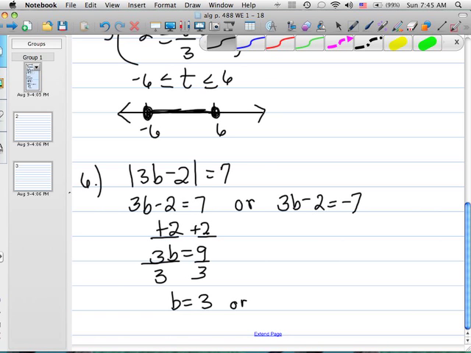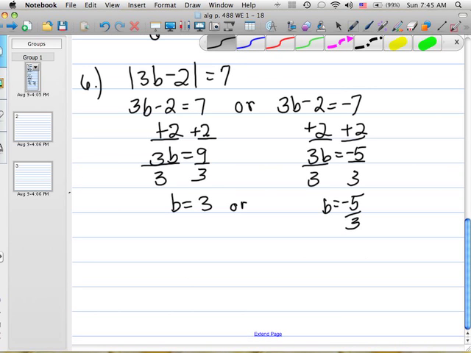Or, the other possibility, solving the right equation here, we add 2, and we get 3b equals negative 5. Divide by 3, and we get b is equal to negative 5/3. Both of those work. Negative 5/3 would give you negative 5 minus 2 makes negative 7, the absolute value is 7.